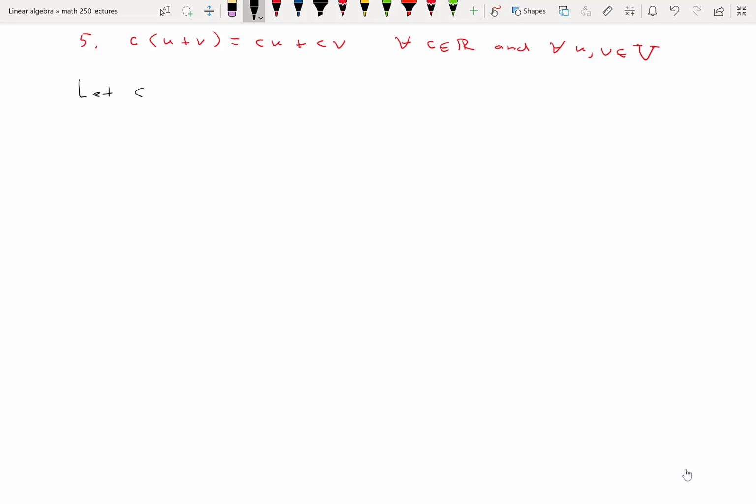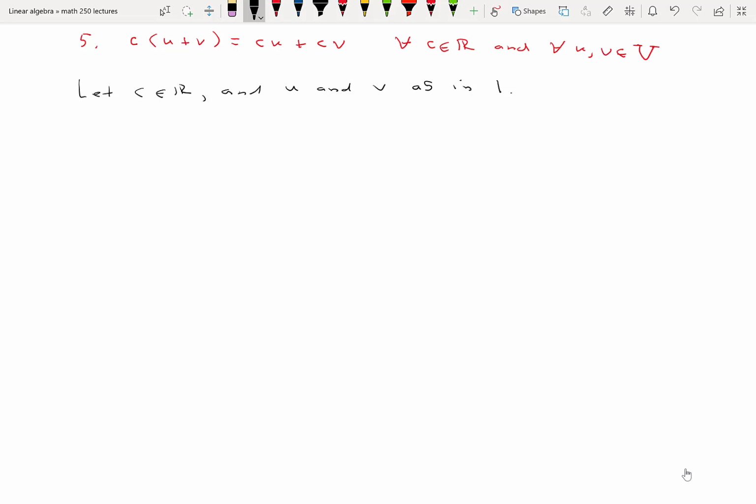Let's let c be a real number and u and v as in property 1. I'm being lazy, but I want to define u and v as the column vectors like in property 1.